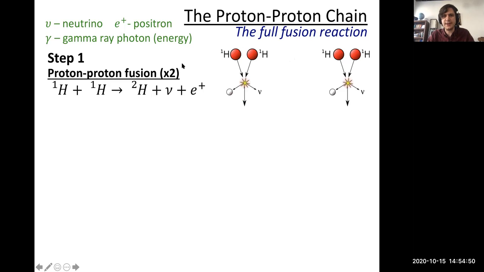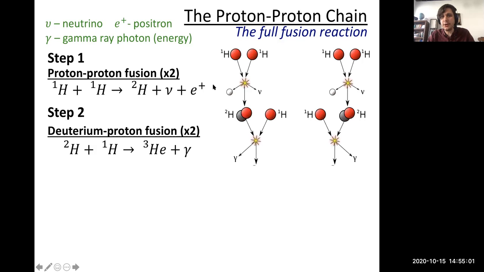What are we going to get out of this? We're going to get 2 deuterium, one from each reaction, some neutrinos, and some positrons. So the first step fuses together to form our deuterium, and we have 2 of them going on. So now we have 2 deuterium.